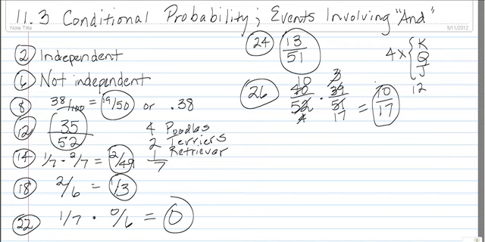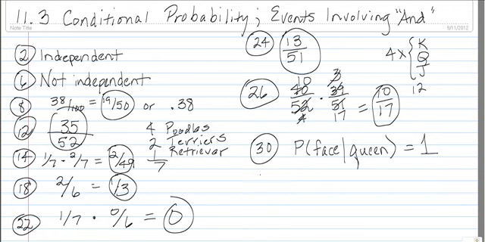So, probability of a face card, we're drawing a single card from the deck. Probability of having a face card if we have drawn a queen. So somebody is saying, hey, you've drawn a queen. What is the probability it is a face card? Well, if it's a queen, it's automatically a face card.